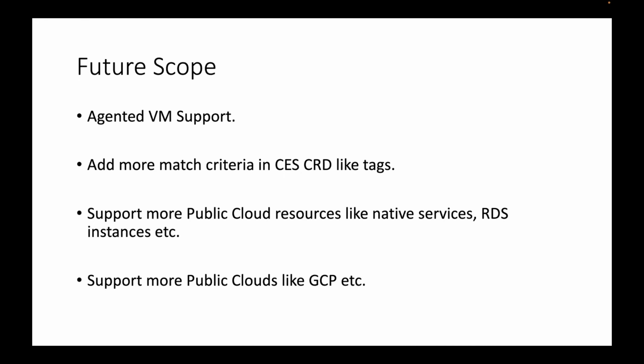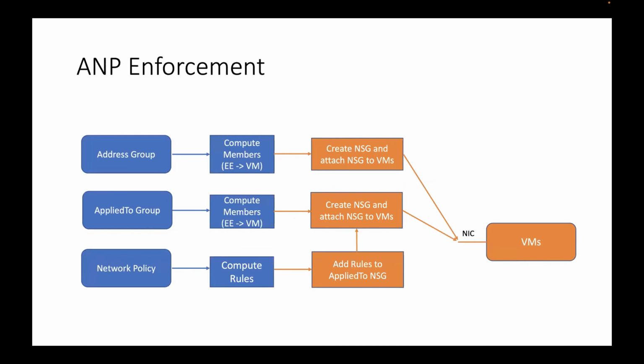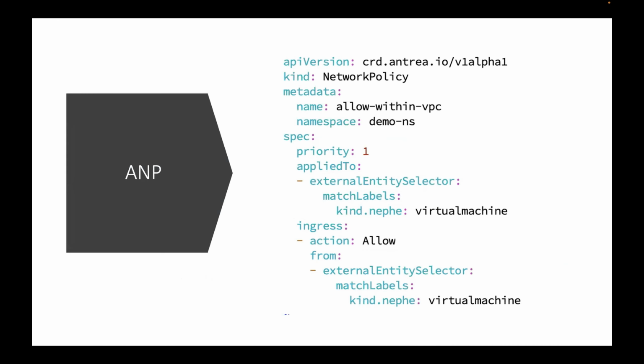Just a question on the structure of the Antrea network policies. Clearly, if the applied to group is not of kind NEFI, specifying a kind NEFI in the from clause simply makes no sense, right? Because as you said, NEFI enforcement makes sense only when applied to is an external entity. Correct. So it's not like there's a scenario where I can have applied to pods with an external entity being a virtual machine.